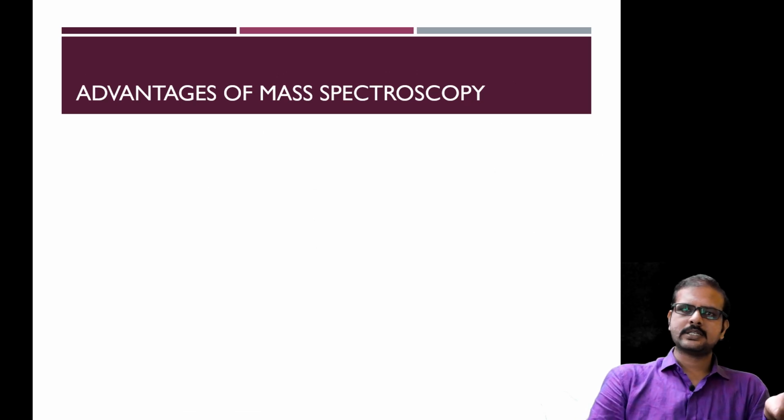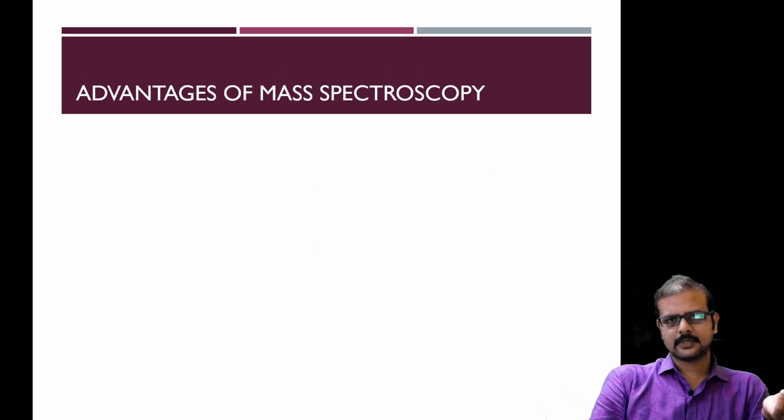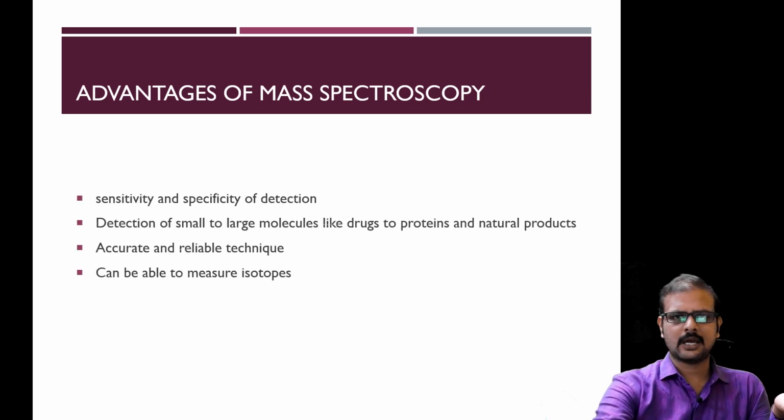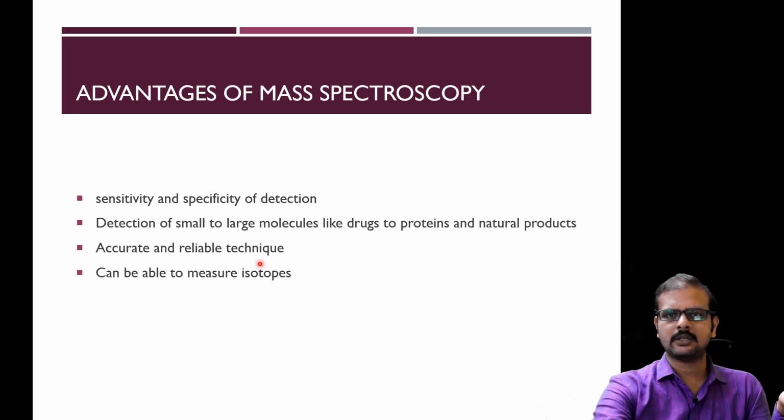So what are the advantages of mass spectroscopy? Is there any advantage, sir? Yes, of course, there are very good advantages in mass spectroscopy. This is the only technique which will give accurate and reliable predictions. Why? Because every molecular formula will have an exact molecular weight.